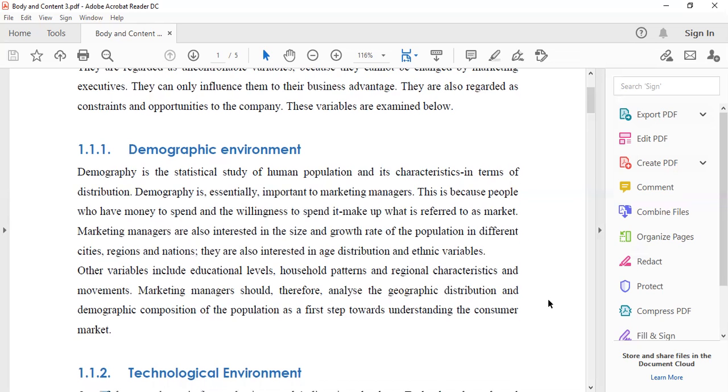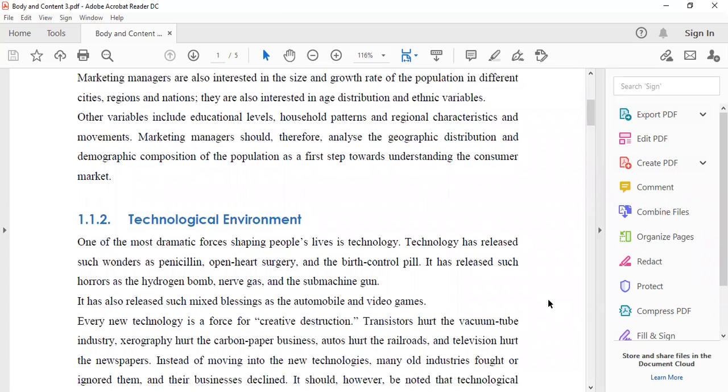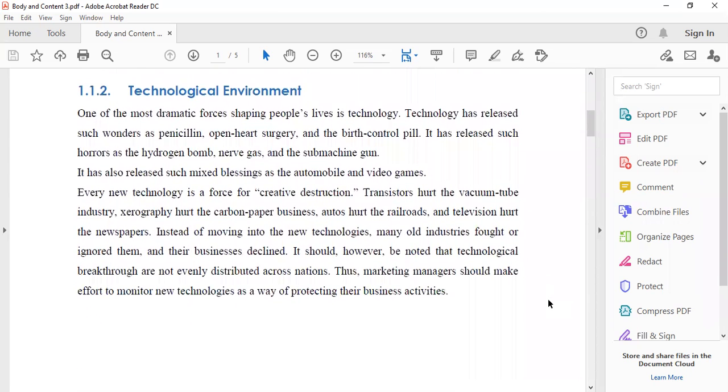we also look at the technological environment. In our world today, technology is one of the things that is changing lives, changing the world. It is important that organizations, especially those involved in technical products, monitor the trend in technological growth so they don't get left behind.